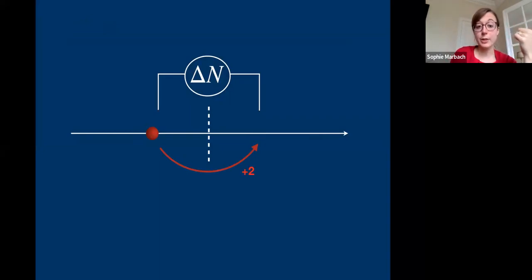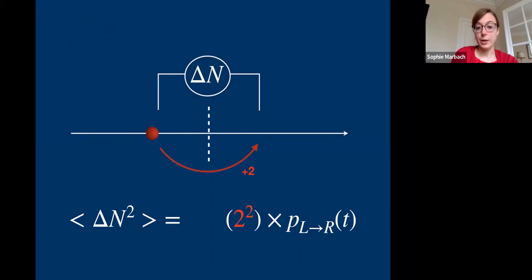So if I measure delta n squared, the quantity of interest, it will be equal to 2 squared times the probability that my walker started anywhere on the left and made it to the right. Now, since my walker can go from left to right, but also the reverse way, I also have to multiply by 2. Now, what is this probability?